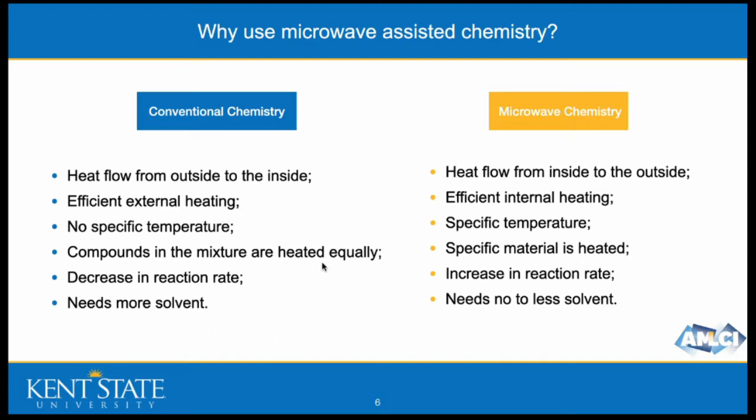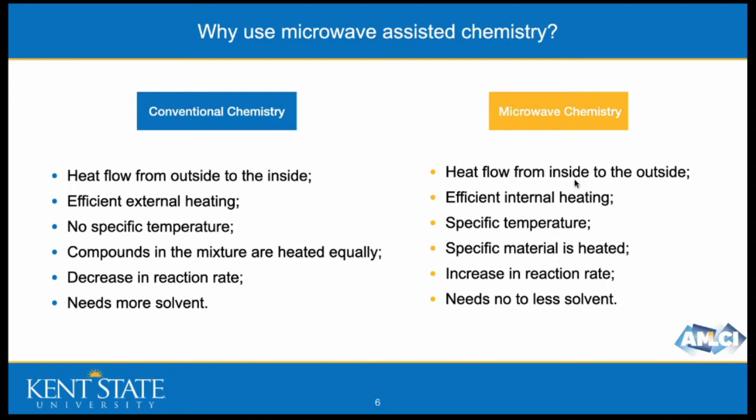So usually you add enough energy to boil the solvent, and that's the temperature that the molecules or reagents experience. So compounds in the mixture are heated equally. There's usually a decrease in the reaction rate, so reactions tend to take longer, and it needs more solvents.